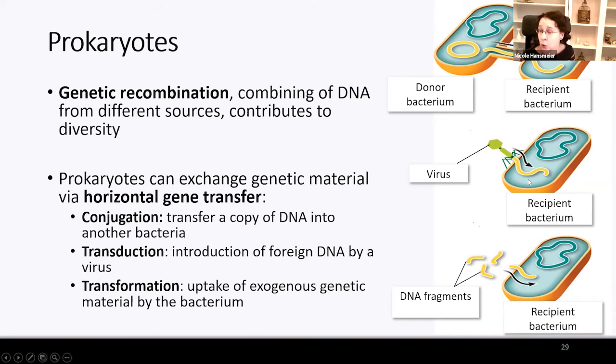So this is called transduction. Another thing to remember. And then they can also take up DNA from the environment, which we call transformation, and integrate this new DNA into their genome. So this is how they diversify even more and how they can evolve quite fast.